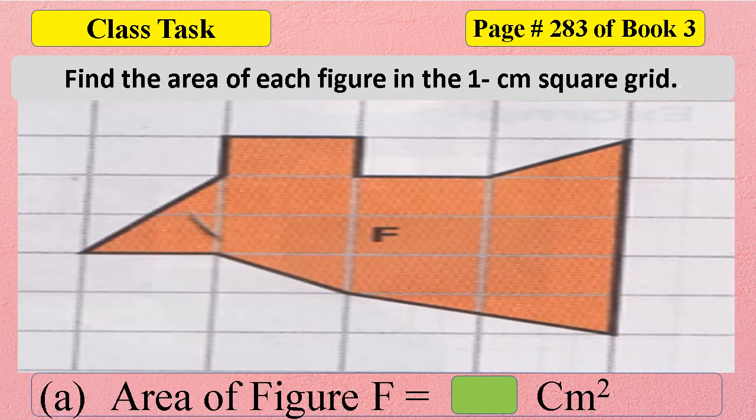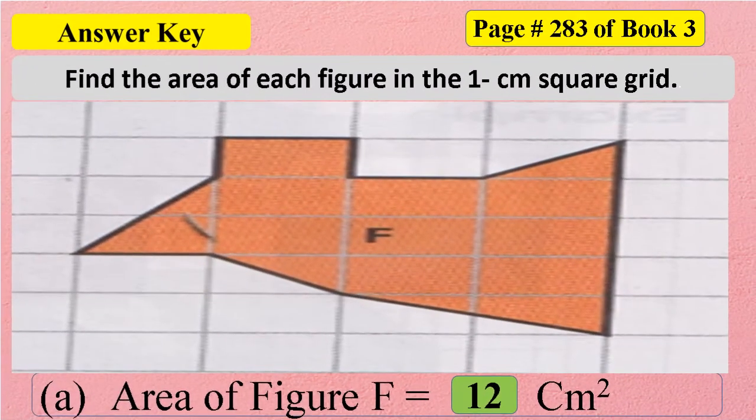Now we do the remaining part F of page number 283 of book 3. You see figure F here of the orange color. We count its square units. Half square unit is equal to 1 square unit. 1, 2, 3, 4, 5, 6, 7.